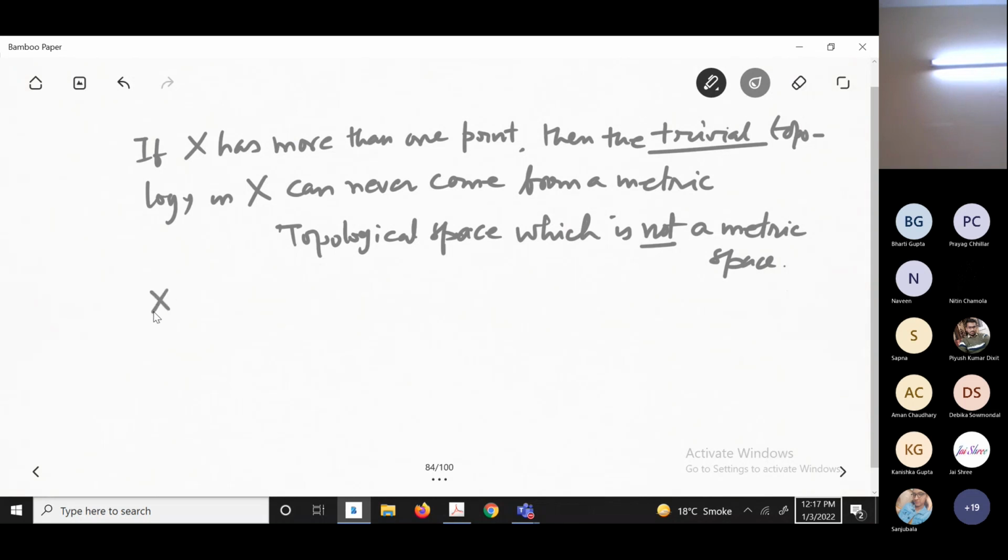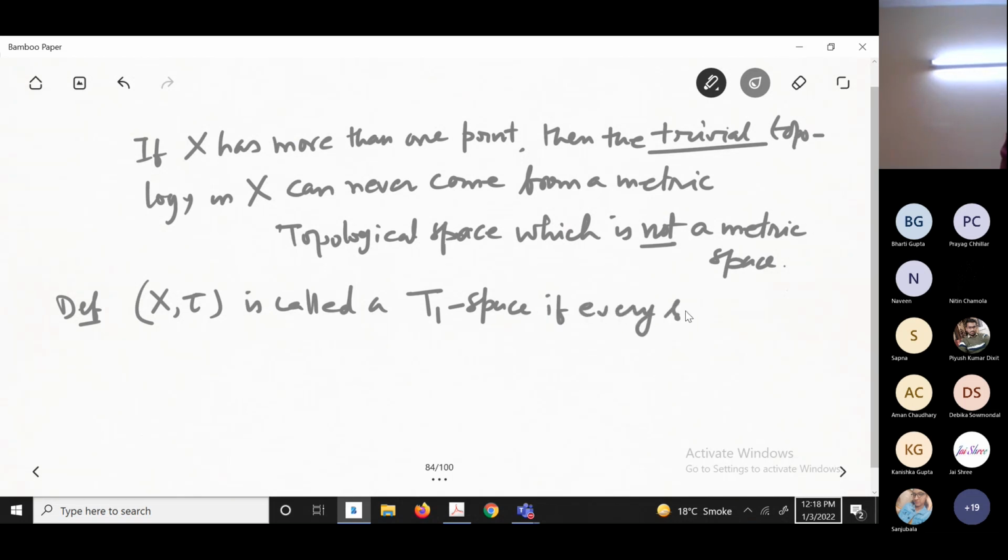So (X, tau), a topological space, is called a T1 space if every singleton in X is closed. There are other separation axioms: T2, T3, T4.